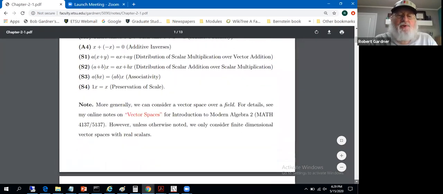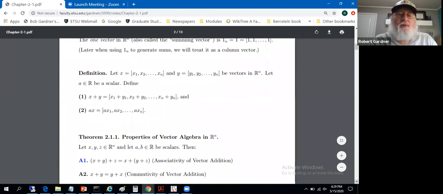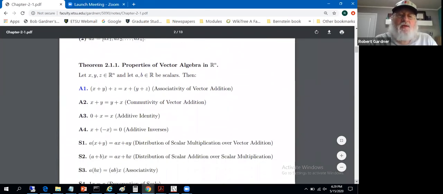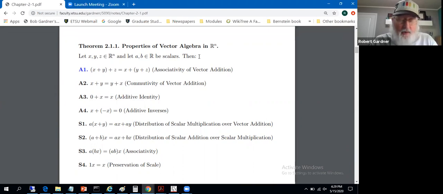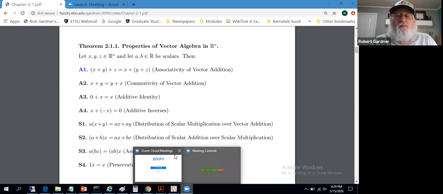Associativity, commutativity, identity, the 8 things we just listed are satisfied by vectors in Rn where a definition of vector addition and scalar multiplication is given. Let's get started slow, with a proof of the first thing there.